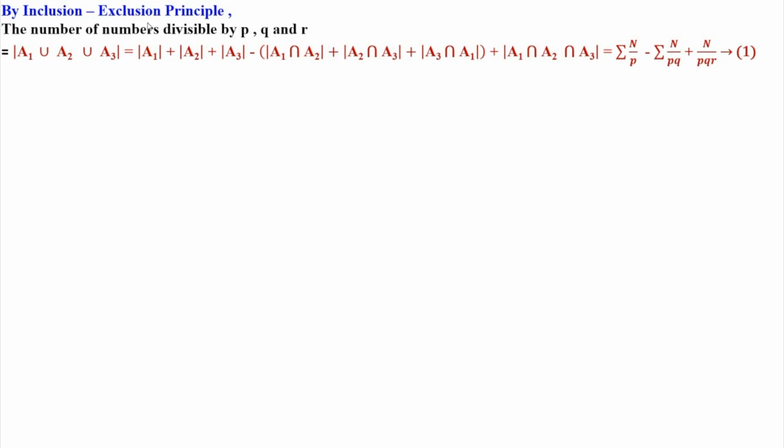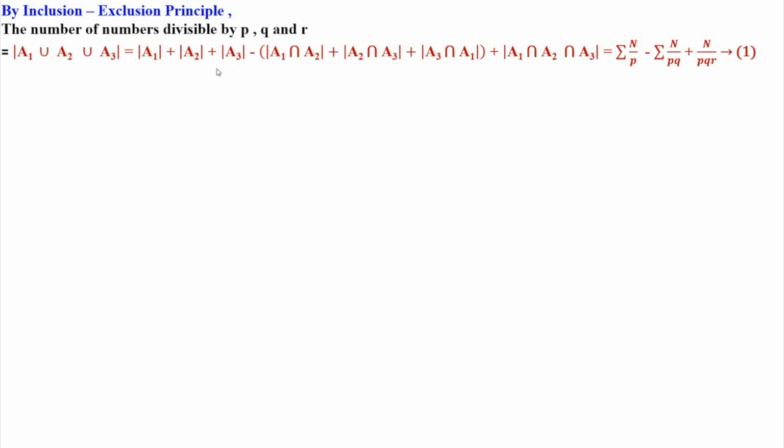Again, by the inclusion exclusion principle, the number of numbers divisible by p, q or r is given by, first we have plus, then minus, then plus. So we have order of A1 plus order of A2 plus order of A3, minus order of A1 intersection A2 plus order of A2 intersection A3 plus order of A3 intersection A1, then plus order of A1 intersection A2 intersection A3.